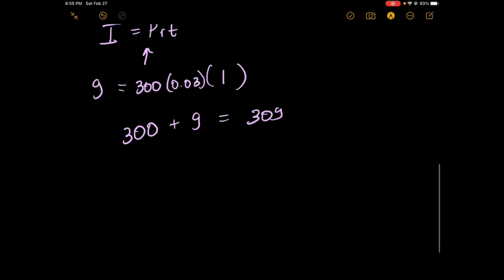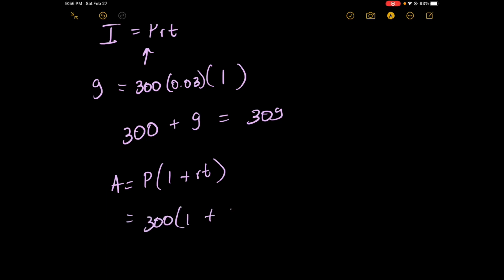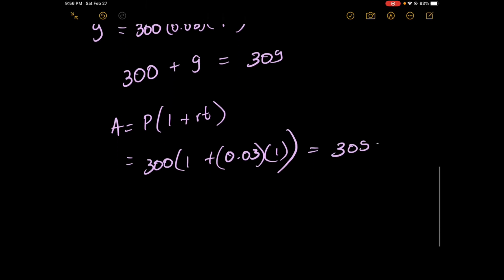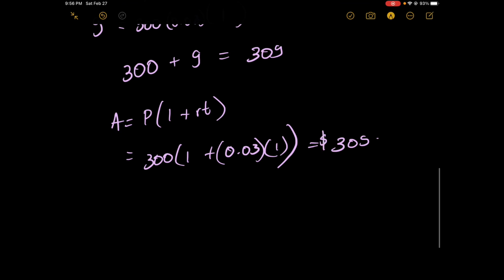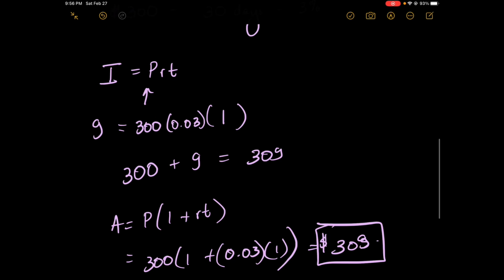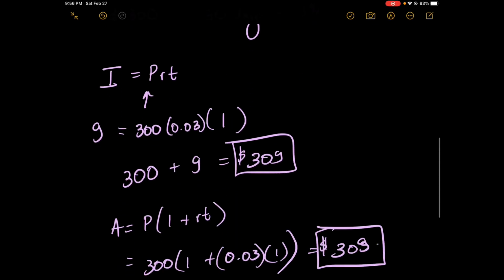In other words, he could have done A equals P times 1 plus RT, which would have been 300 times 1 plus 0.03 times 1. And this would have gotten you 309. The units are going to be $309. Again, $309. And $9 is going to be this unit.